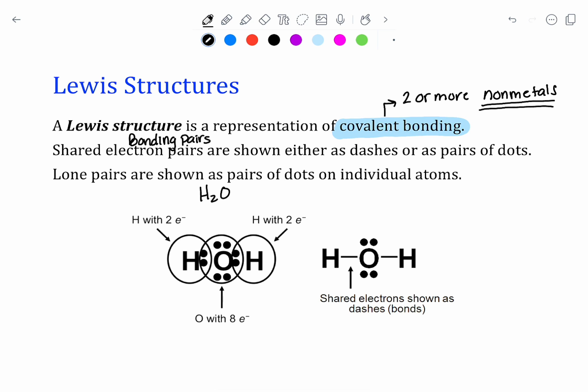H2O has a bond from the oxygen to the hydrogens, and we show those with these 2 electrons here. I'll change color so it's a little easier to see. We have 2 electrons here, 2 electrons here. One of those electrons came from the hydrogen, and one came from the oxygen. So these would be our bonding pairs.